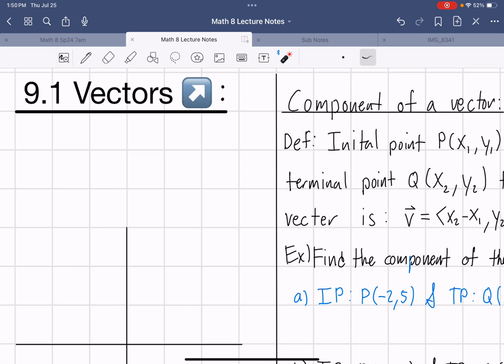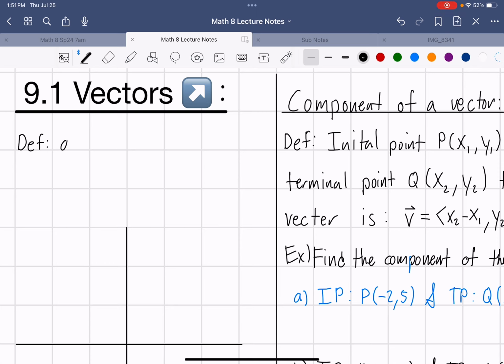But to build off that idea with parametric equations of talking about direction, we introduce vectors, which have to do with a very important part of a vector, its direction. So let's start off with the definition.